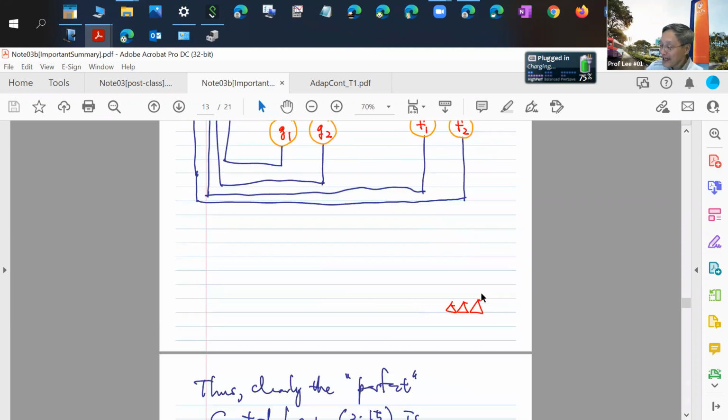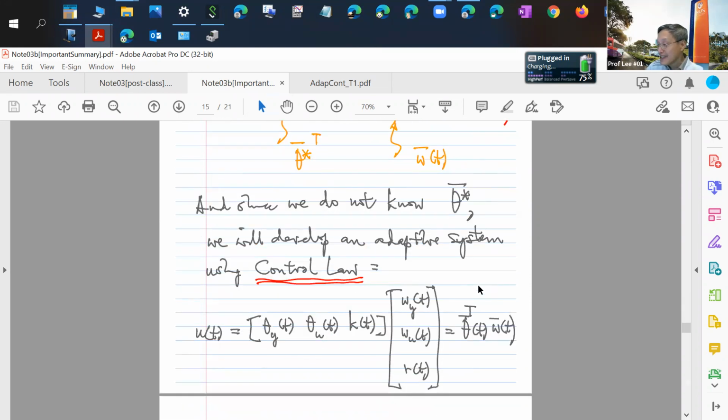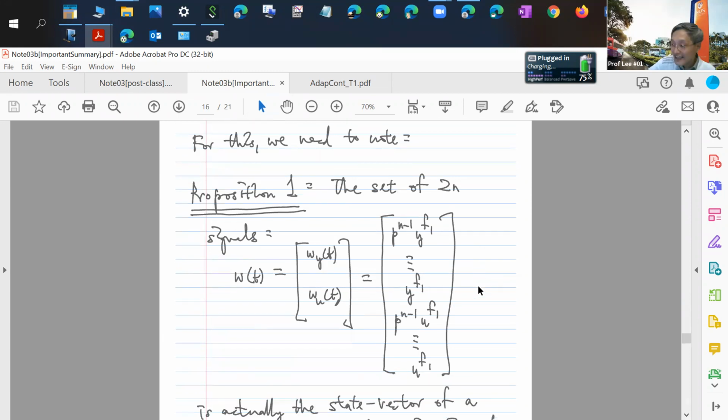But meantime, before we go on to that, we know that these two results are there. First of all, these 2n signals that you generate, the 2n vector, is actually a state vector of the system. But it's a state vector of the 2n order non-minimal realization.